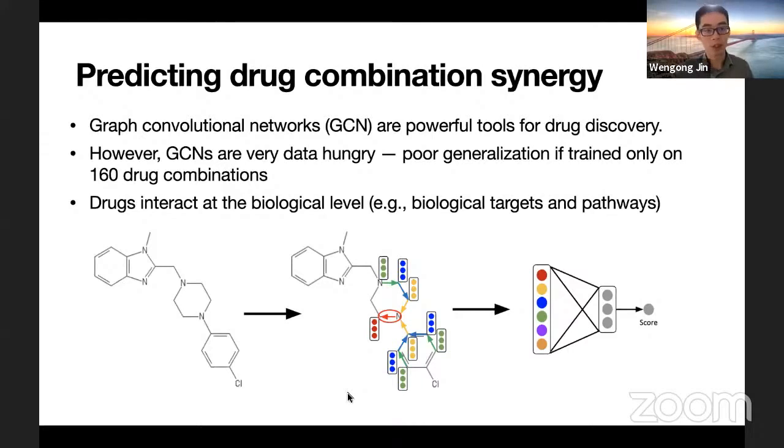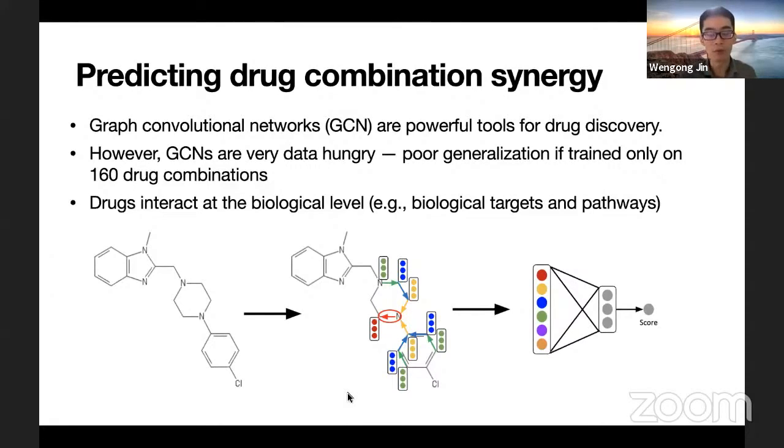However, graph convolution models are very data hungry. They will have poor generalization if you only train on, for example, these 160 drug combinations. This applies to every deep learning model, and graph convolution is no exception.